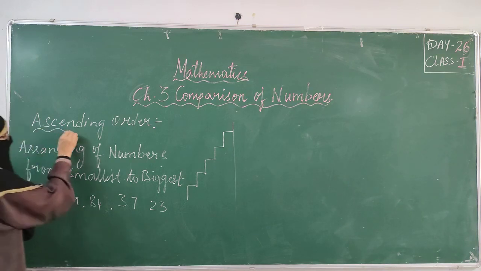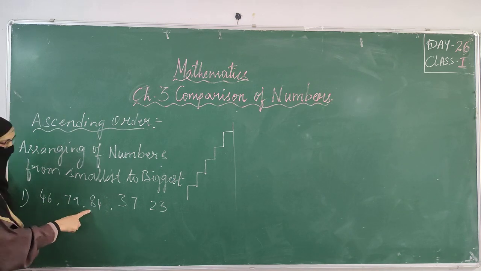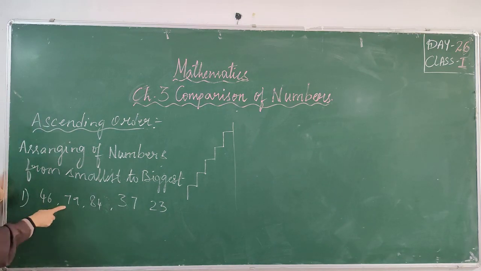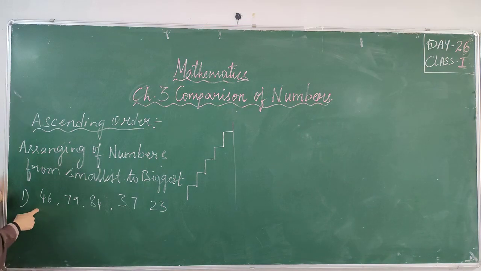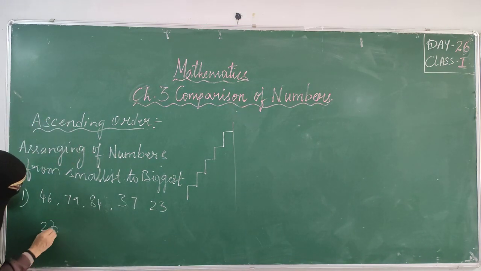Ascending order means arranging the numbers from smallest to biggest. First, to find the smallest number, we look at the tens position. Here it is 4, 7, 8, 3, 2. Which is the smallest when we compare only the first digit? That is 2, 3, 8, 7, 9. So 23 is the smallest number.